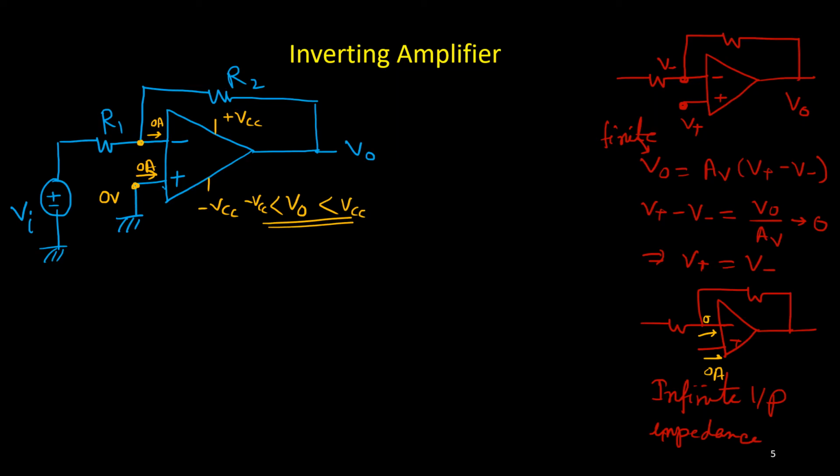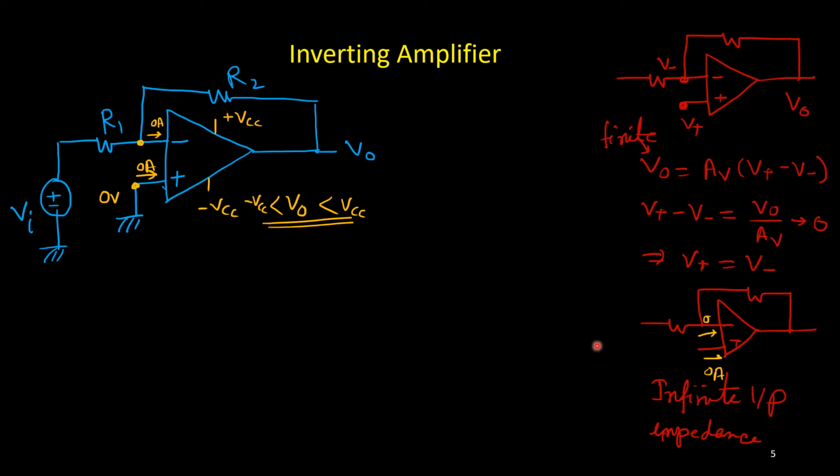If it is finite and within this range, and I divide by AV here, then the difference will become 0, that is V plus equal to V minus. Virtually they are connected.